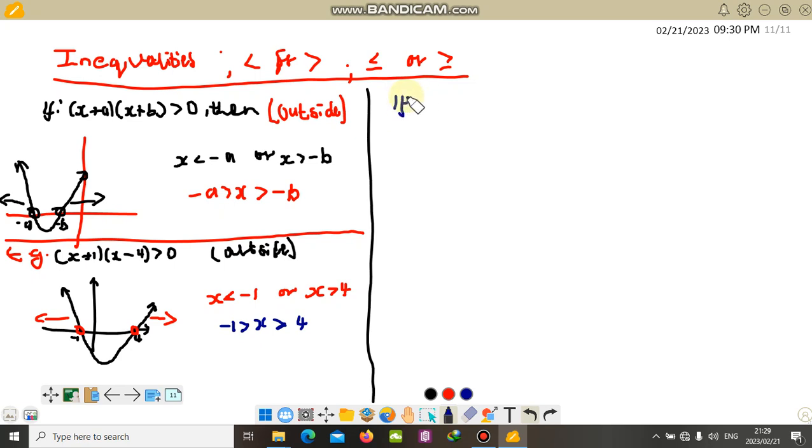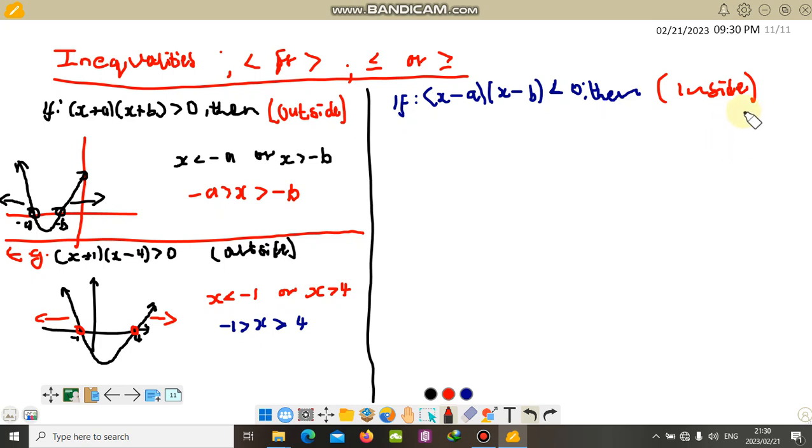On this side we say, if x minus a into x minus b is less than 0, then here the solution will be inside.